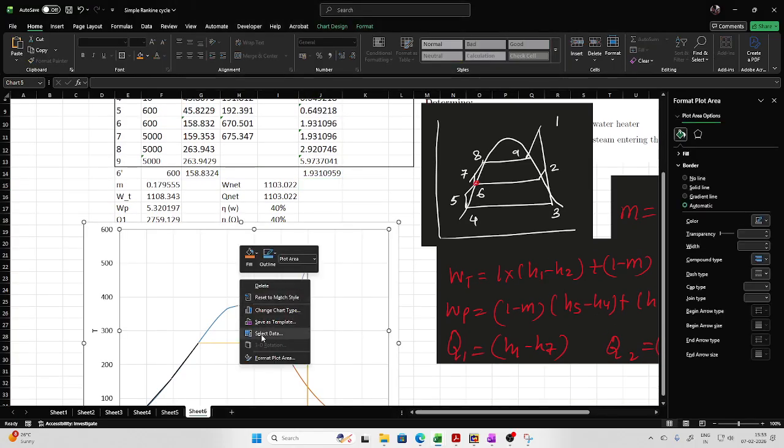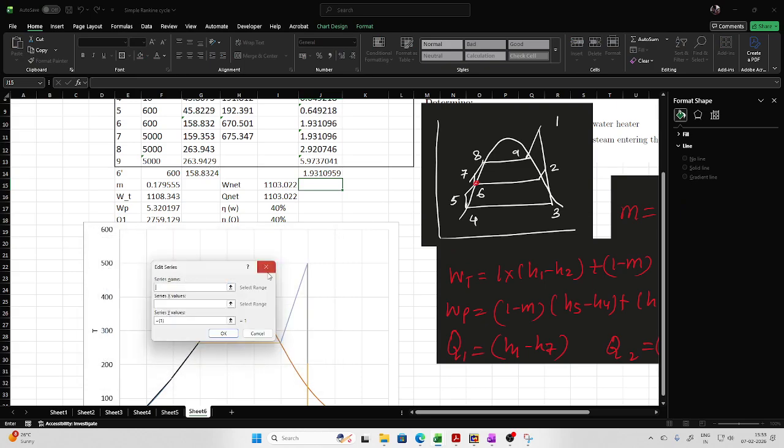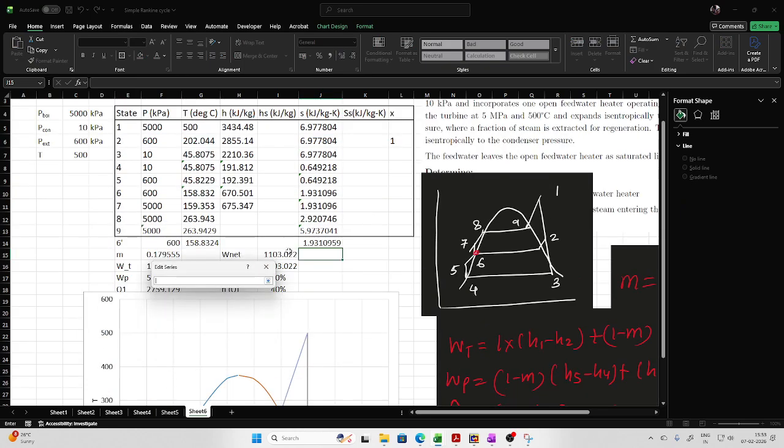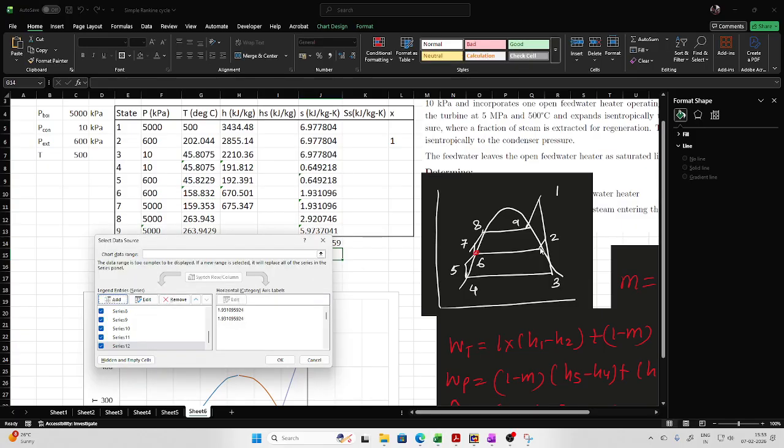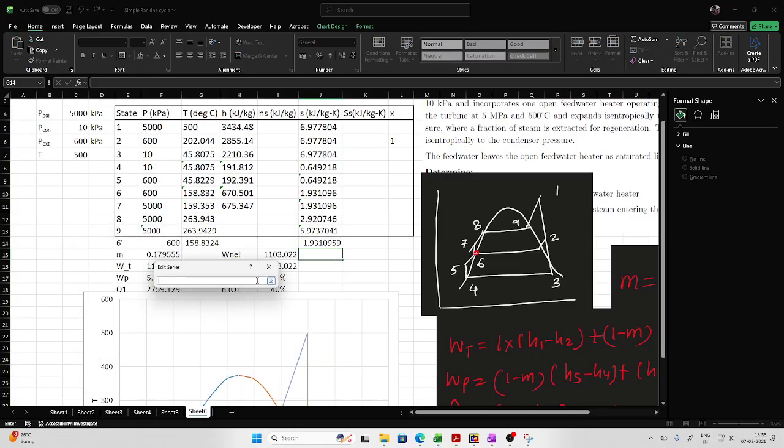So select data, add. So I have to draw x-axis. So what is 6? This is 6. What is 6 prime? This is 6 prime. And at the same time, temperature also 6 and 6 prime. Okay. Then 6 prime done. Then 6 prime to 2. So add x-axis.